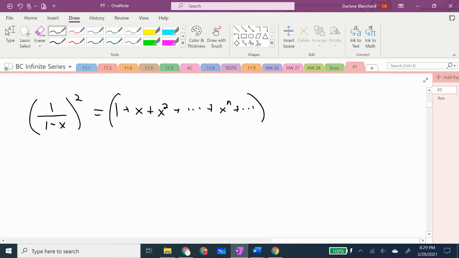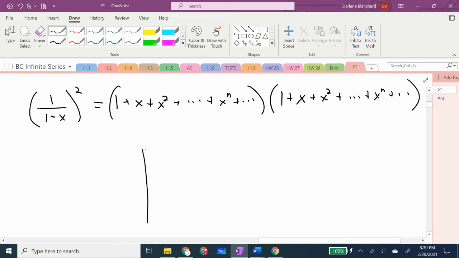If I'm squaring, that means I am multiplying a polynomial of infinite degree by another polynomial of infinite degree. Which I could do as long as I do the multiplication boxes in the reverse direction I usually do polynomials. 1 plus x squared.